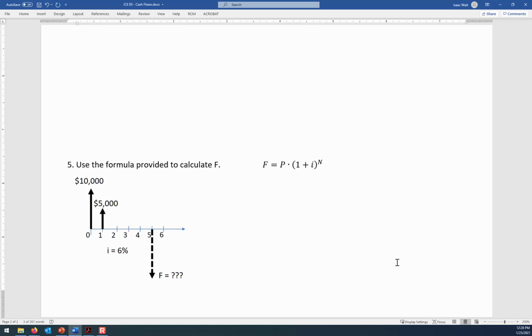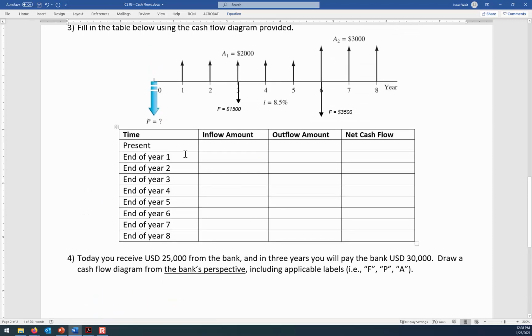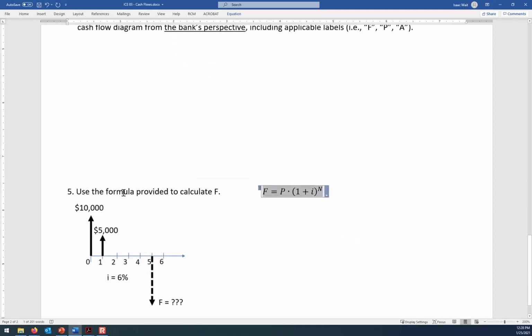Apply your ingenuity, apply your creativity, stretch your mental muscles a little bit, and see if you can use this formula to find out what is the amount of the lump sum for the cash flow diagram that's illustrated. So I am going to put you into the breakout rooms for this one, simply because I think maybe you can collaborate together on problem 5.